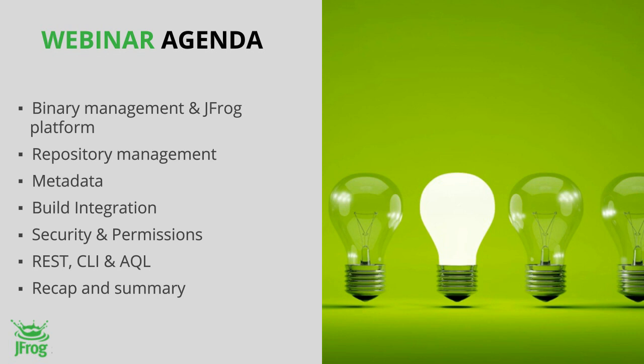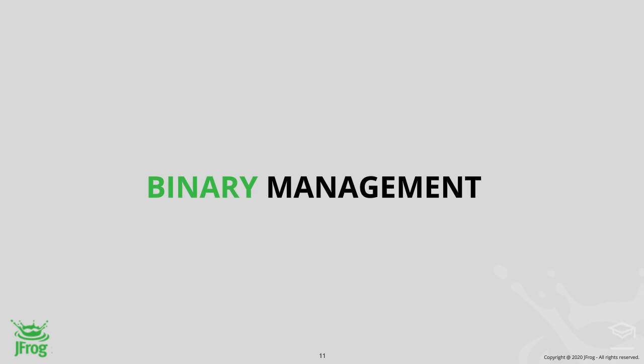So we're going to cover a couple of topics today. I think we can move forward and start directly with binary management in general, just to make sure we are all aligned.